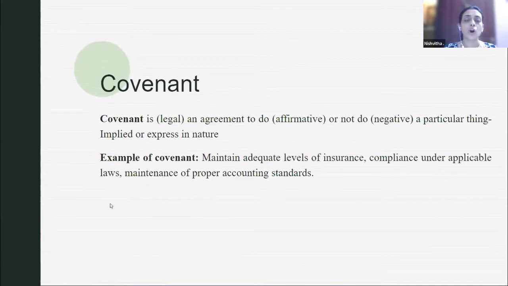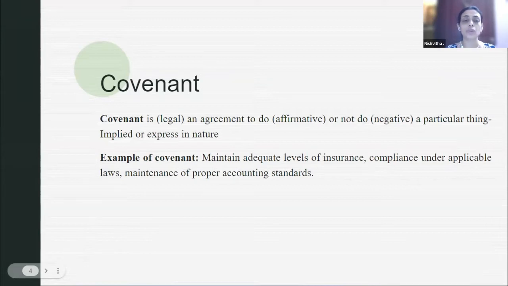A covenant is something which is expressed or implied by nature, and the law of the land will govern it. Under a few circumstances, a covenant can be called out, but predominantly it is implied on a person to do, based on the culture or the society where he is, or under the applicable law.